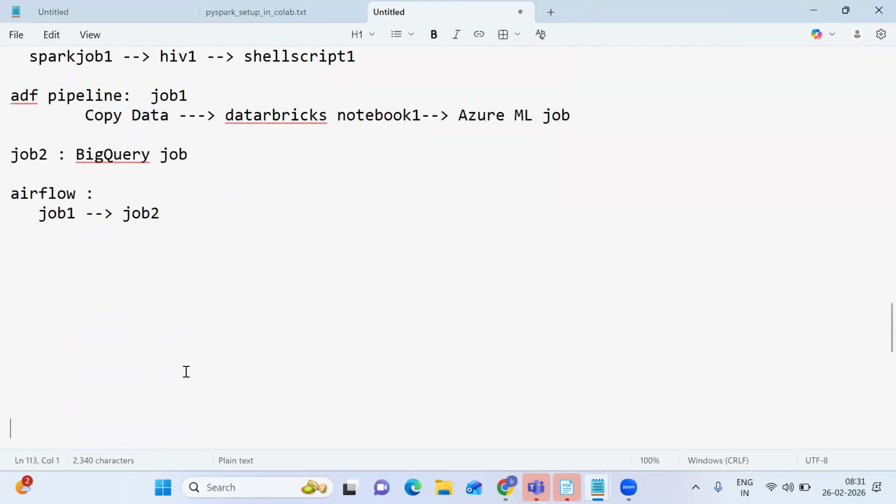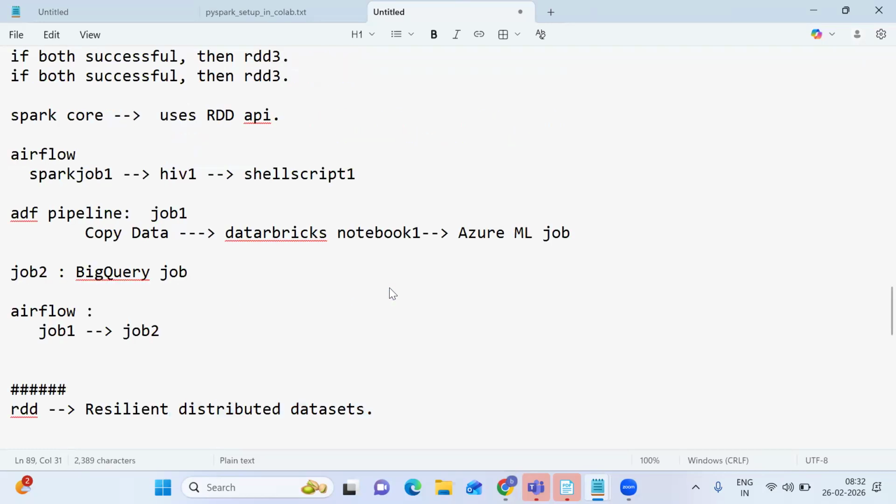So I'm coming to the RDD, a simple discussion for today, before bringing you into the lab. RDD full form is Resilient Distributed Datasets. What is the meaning of distributed dataset?